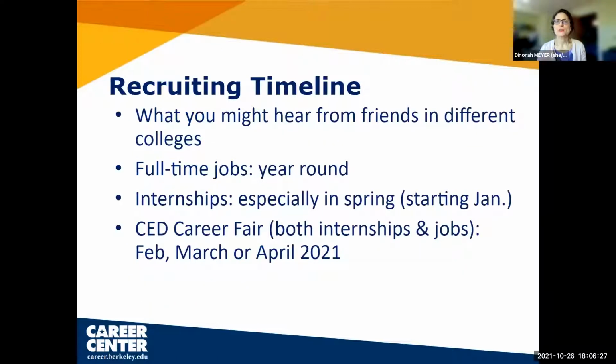Okay, so the first thing I'm going to talk about is the recruiting timeline. Unlike other colleges at Cal, where you have maybe Haas or College of Engineering, or even other majors, or really anybody who's looking for opportunities in finance, consulting, engineering, those roles, oftentimes the recruiting timeline starts much earlier in the fall or even the previous summer for internships and then for jobs.